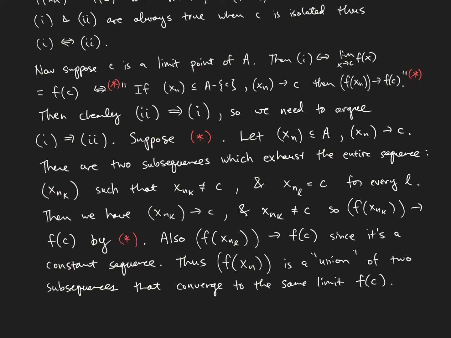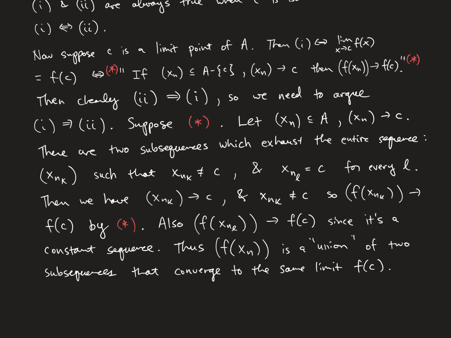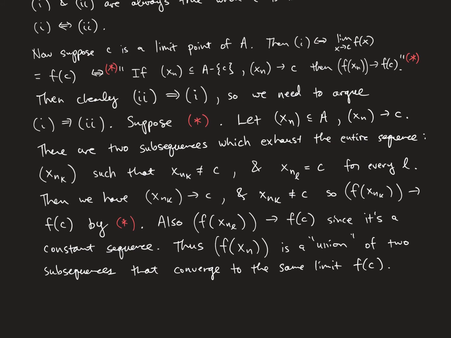And I don't want to belabor the point, but it's pretty easy to see from this that the full sequence f of xn has to converge to f of C as well. So it follows easily that f of xn, the full sequence, converges to f of C. All right, so that will conclude the proof of that theorem.